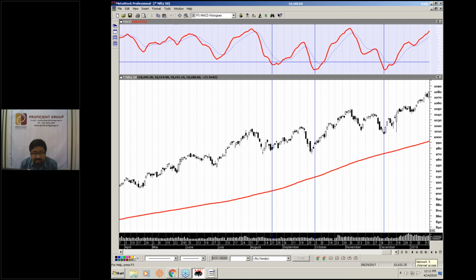We are going to create an indicator which will tell us exactly when this condition is satisfied, exactly when the uptrend is occurring, that is, when prices are going above the 200-day moving average, as well as MACD is above its zero line, without looking at these indicators separately. Now let us try to do this. Is that possible? Let us try.